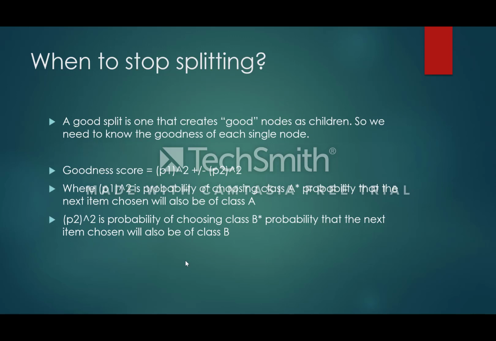When we split to the maximum extent that we can, this leads to overfitting. Overfitting means that, suppose we have split to the maximum extent where each node has only one or two values.